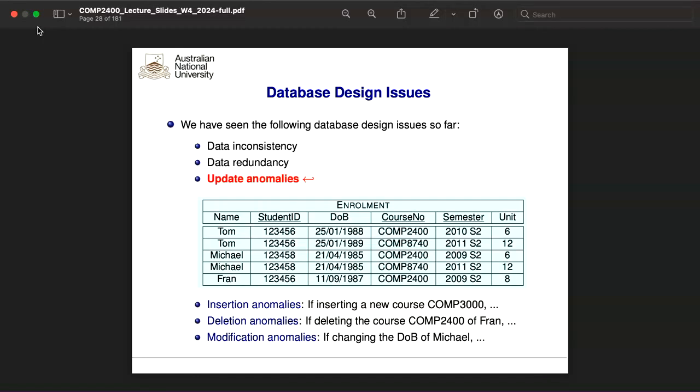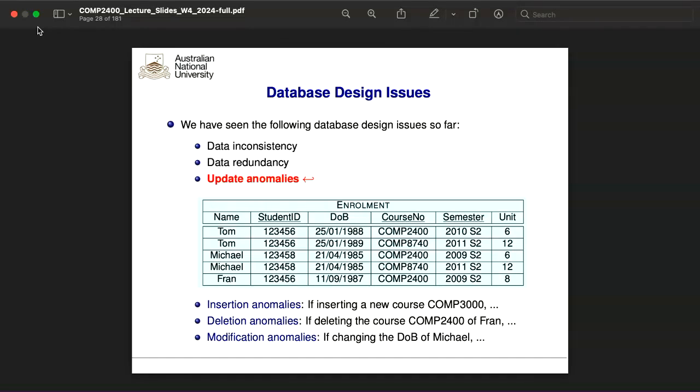We would have a problem, because we cannot enter half of the record if the primary key is defined on both student ID and course number, and also the other attributes, like semester. So we will have a problem: we want to enter some information, but we cannot do that.